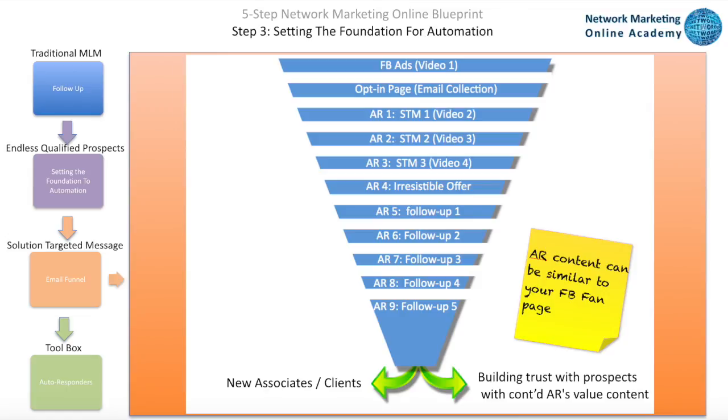So the 1/3 that is industry specific, whether it's health and wellness or weight management or anti-aging or financial services or you name it, this is good information. So you take some of those posts that you've got on your fan page or business page, and you cut and paste that into some autoresponder. That's one way to continue to entice your prospect and to let them know that you're there. And you never know when things are going to change for them.